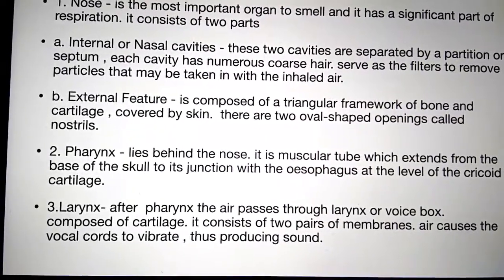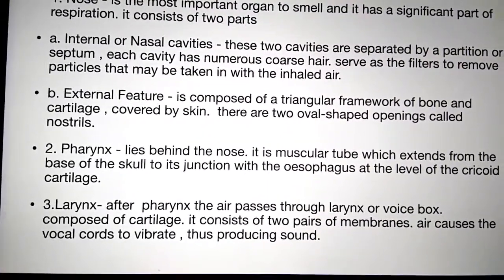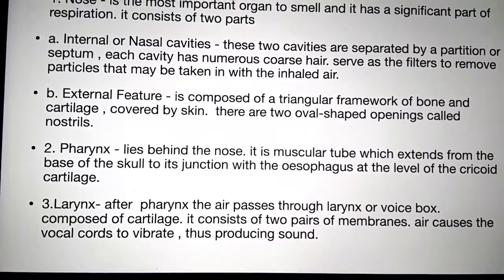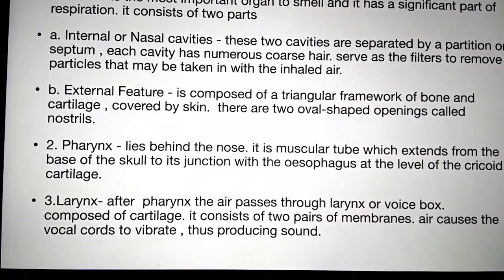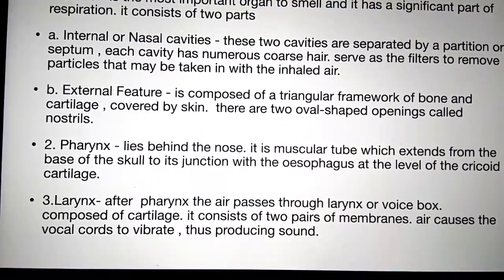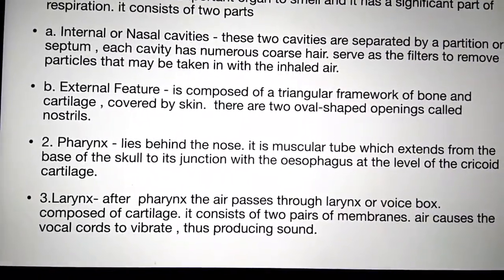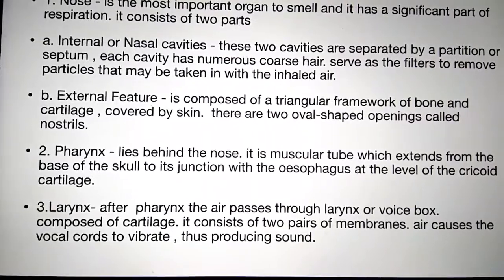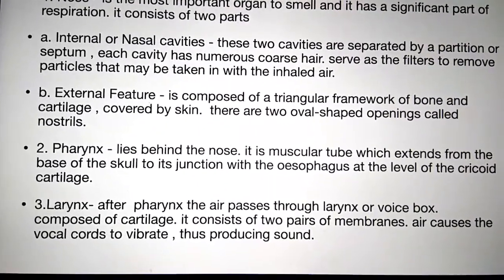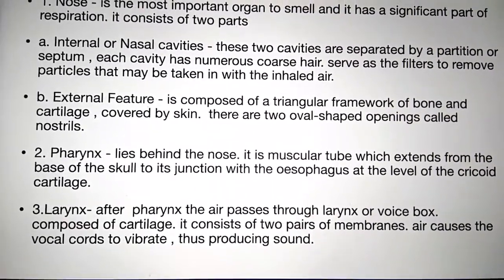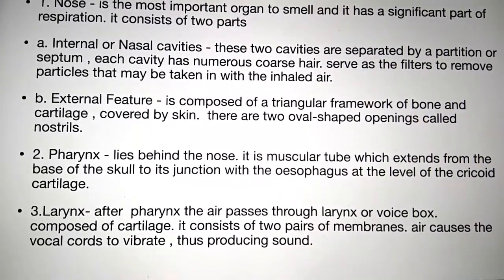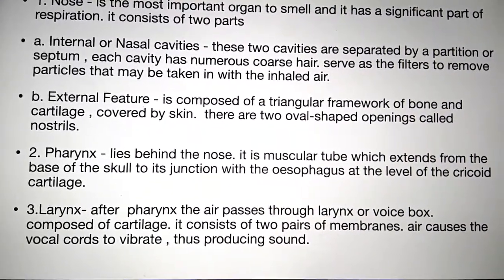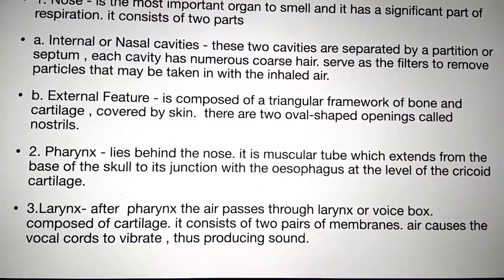Third is larynx. After pharynx, the air passes through larynx or voice box composed of cartilage. It consists of two pairs of membranes. Air causes the vocal cords to vibrate, thus producing sound.